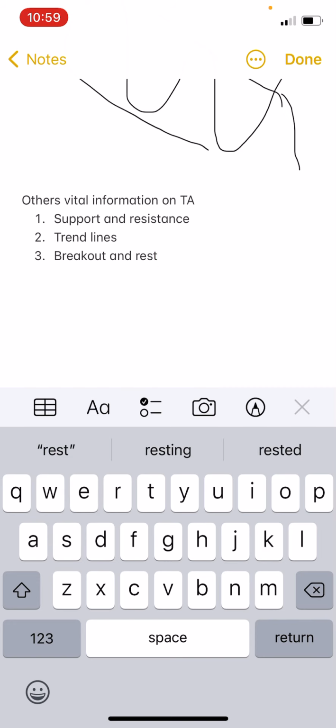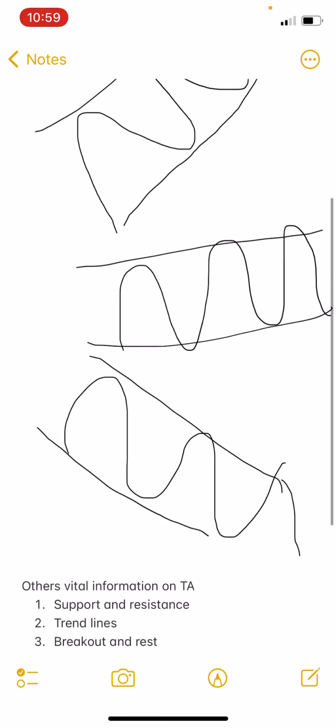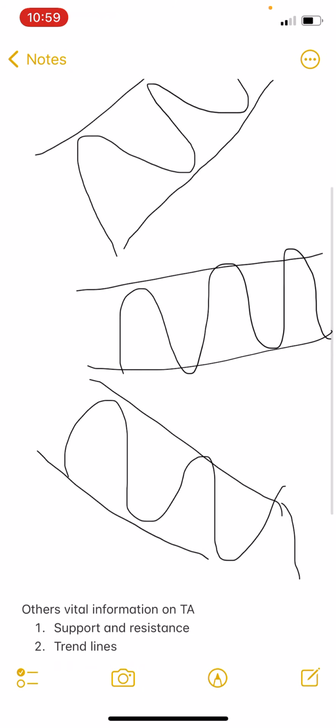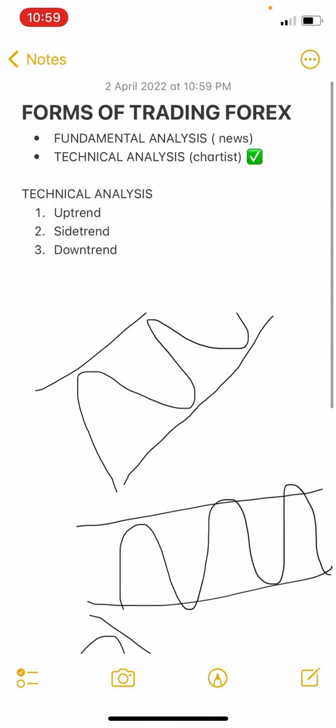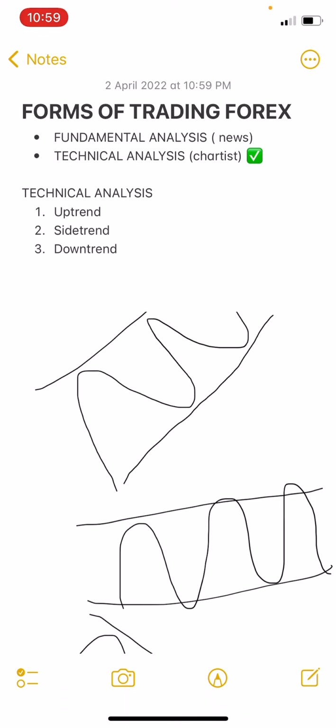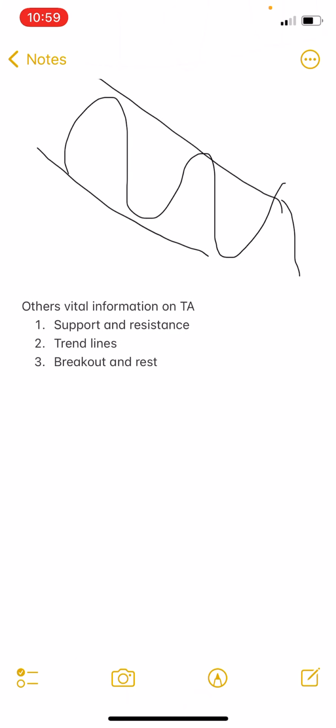For you to go further on technical analysis, you must master these three items, because they are used more frequently when you are trading forex. You will see trend lines a lot, you hear a lot about support and resistance, and you also hear a lot about breakouts and retests.